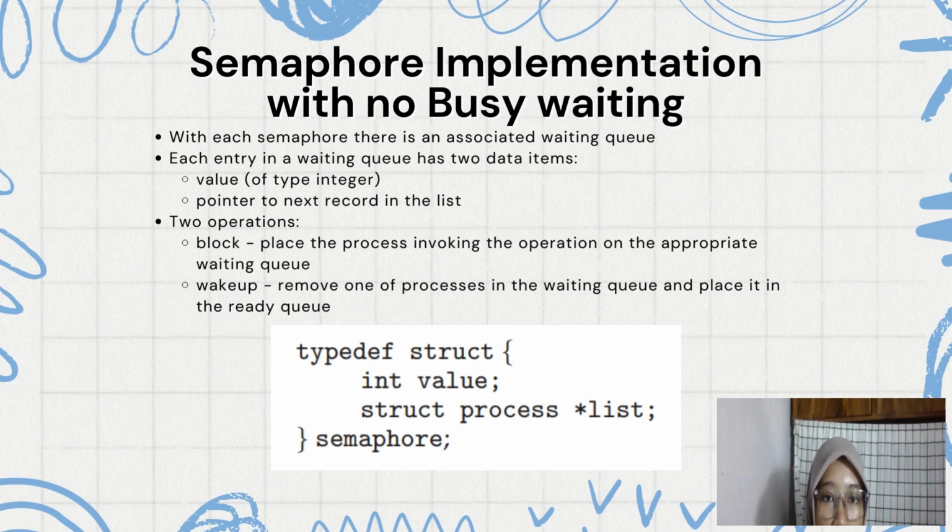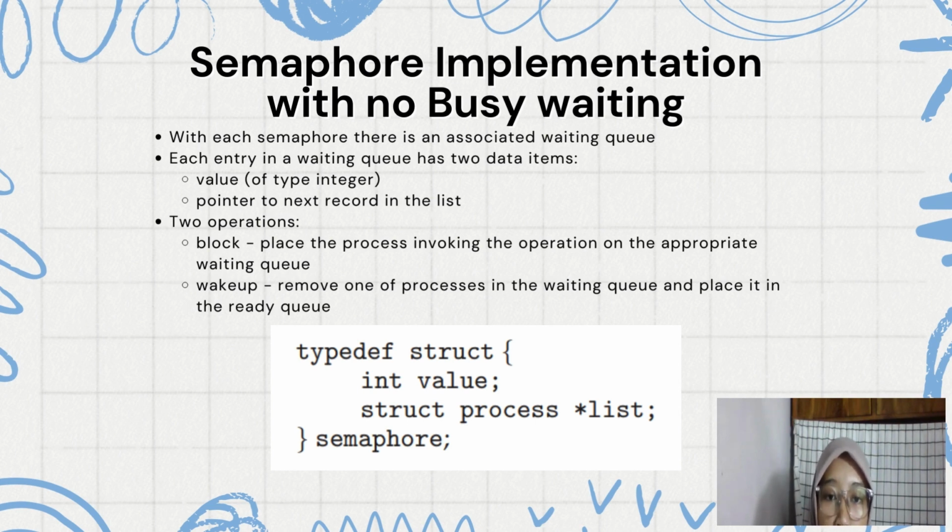Semaphore implementation with no busy waiting. With each semaphore, there is an associated waiting queue. Each entry in a waiting queue has a value of type integer and a pointer to the next record in the list. There are two operations. Block means place the process invoking the operation on the appropriate waiting queue.